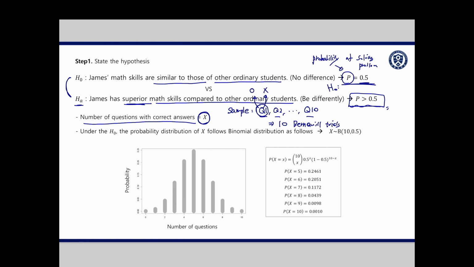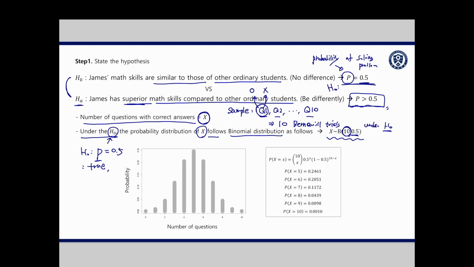And if H0, that the probability equals 0.5, is true, since the probability of success, that is, of solving the problem, is 0.5, we can find that X follows a binomial distribution: 10 Bernoulli trials with success probability 0.5 under H0, when H0 is true.